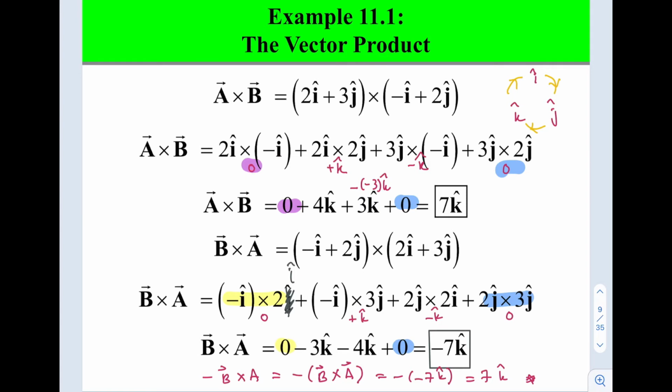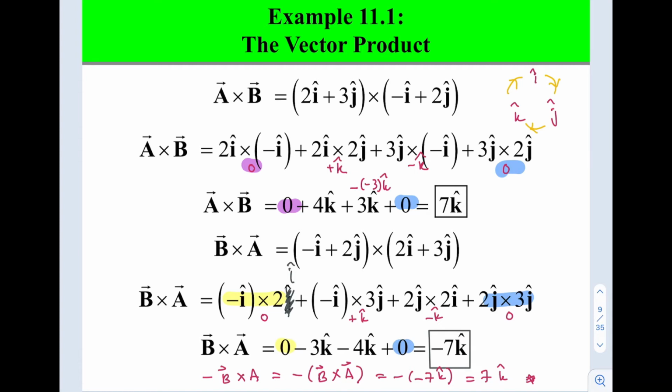Alright, so if we look at this, i cross i will give us 0. So the product of this will be 0. i cross j will give us positive k, right? So 2 times 2, 4, positive 4k, this one. Right now, j cross with the i is opposite to this direction, isn't it? Regardless whether this one is positive or negative, the thing is right now, j is the first one, and then we have to cross the i.